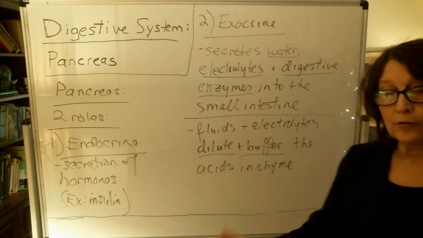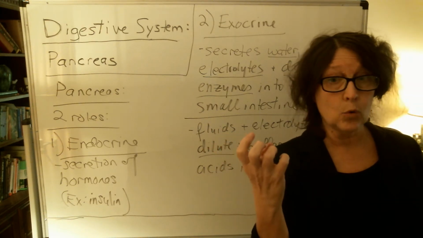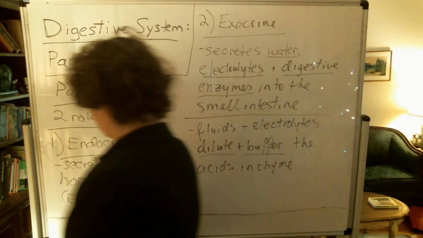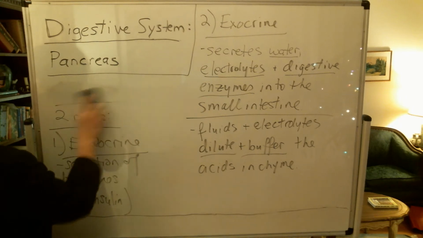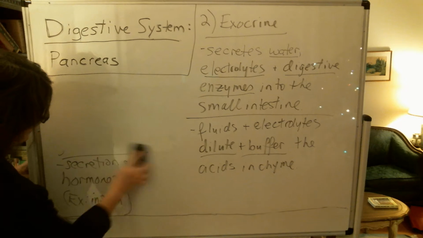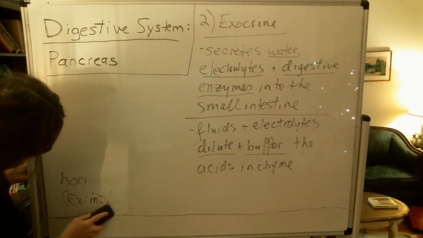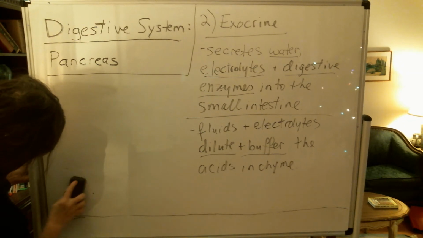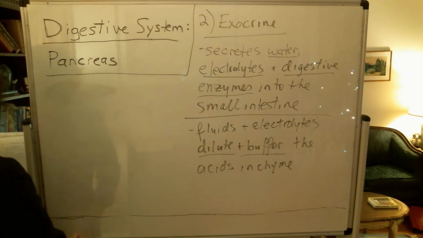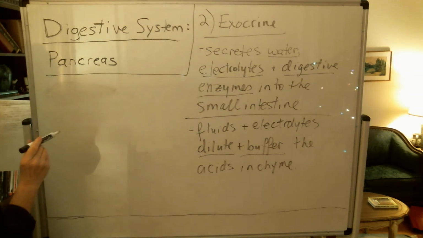So here we have the acid level, the pH level, being brought more nearly to neutral by the action of these things. Okay, so that then has to do with the electrolytes.